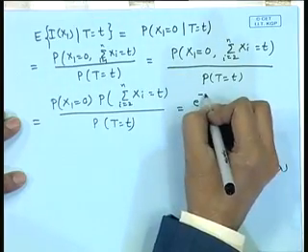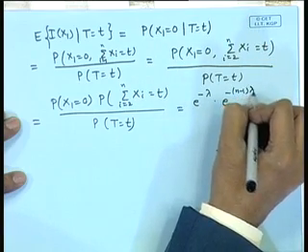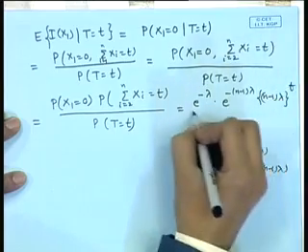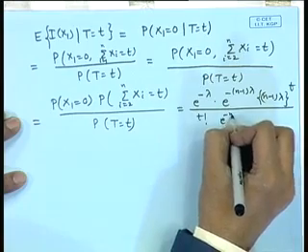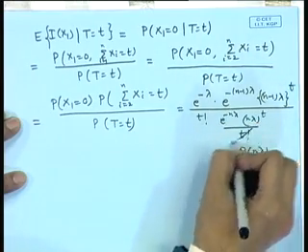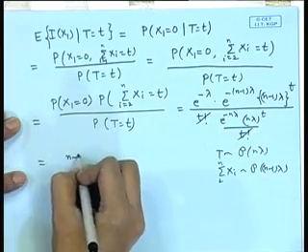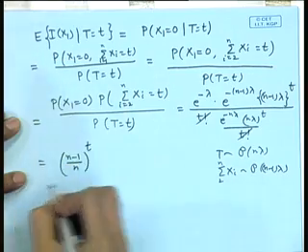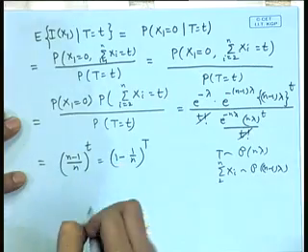This is e to the power minus lambda, e to the power minus n minus 1 lambda, n minus 1 lambda to the power t divided by t factorial, then e to the power minus n lambda, n lambda to the power t by t factorial. So, these terms obviously cancel out and we are left with n minus 1 by n to the power t, which you can write as 1 minus 1 by n to the power t.